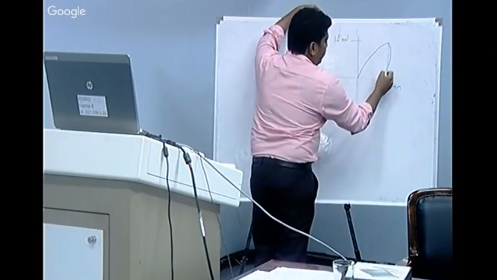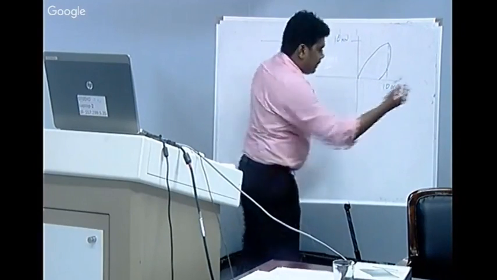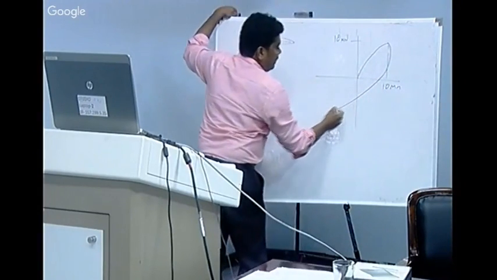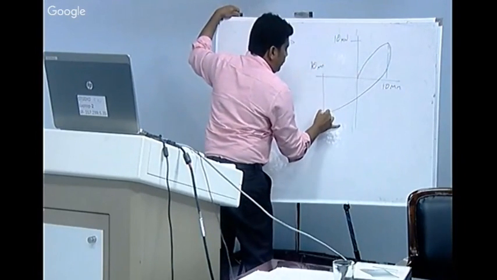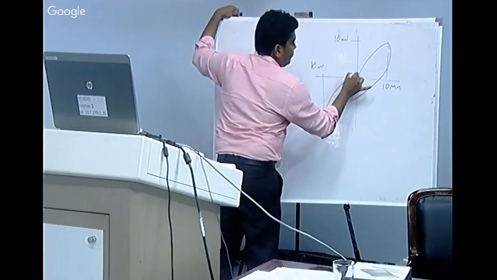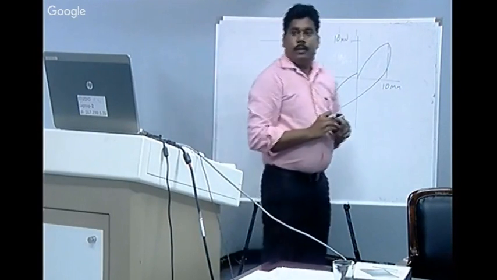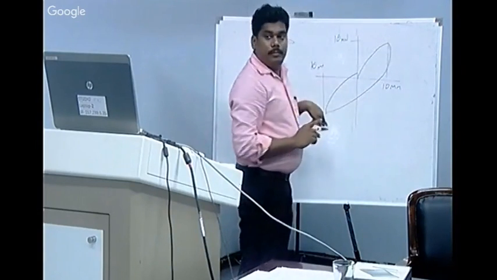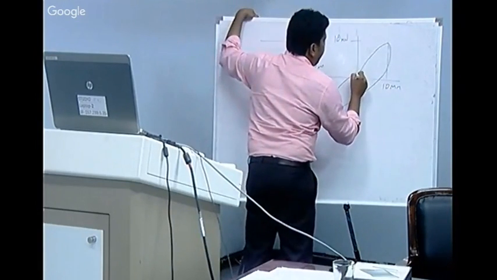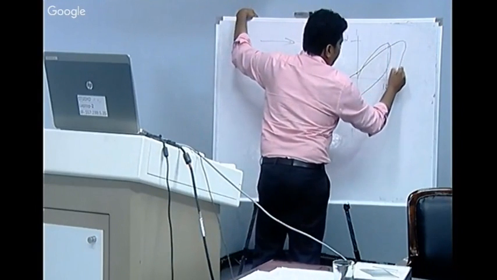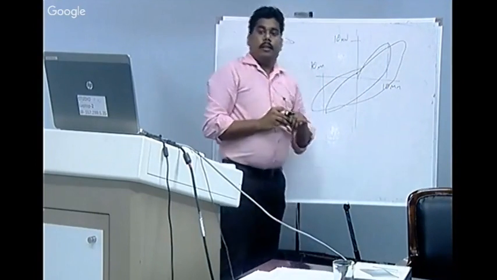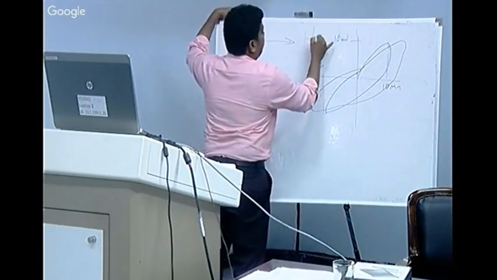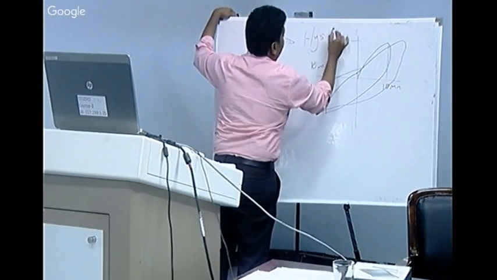Then I'm again pulling back. It will come to zero push. Then again I'm pulling. Again I'm stopping at 10 mm deflection. Again I'm pulling. So we are getting a loop. If I continue the test, it will go like this. This curve is generally referred to as the hysteretic curve.